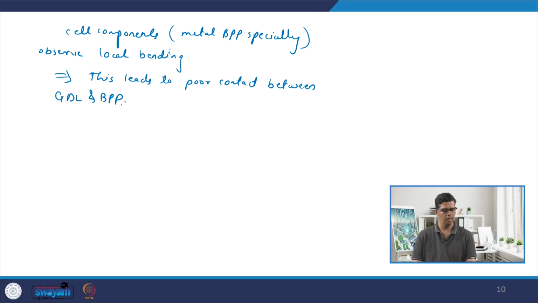And as we have seen, if there is poor contact between the diffusion layer and the bipolar plate, the contact resistance is bound to increase.